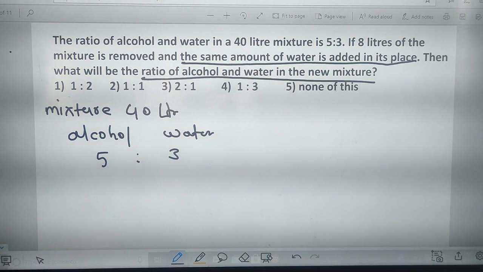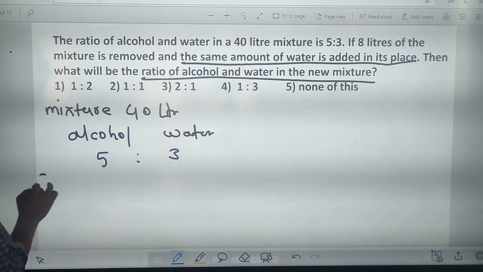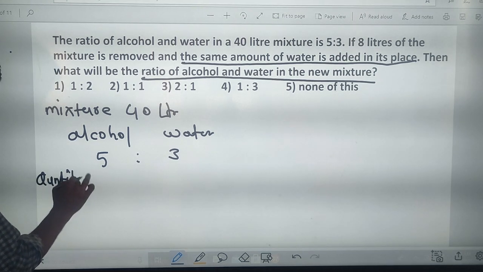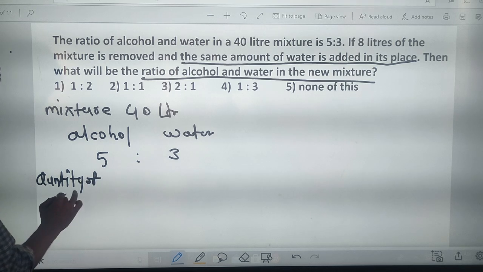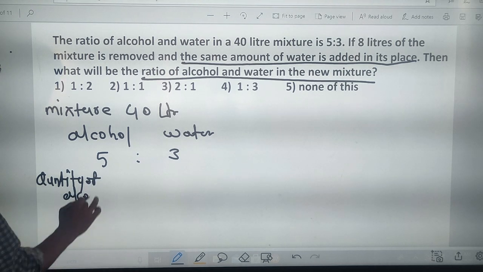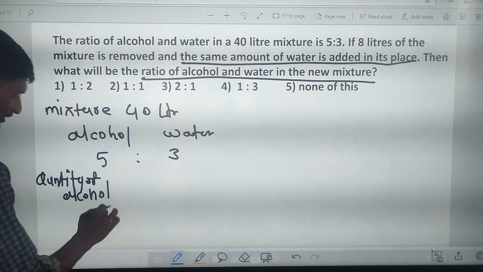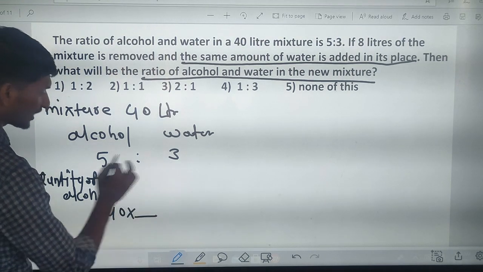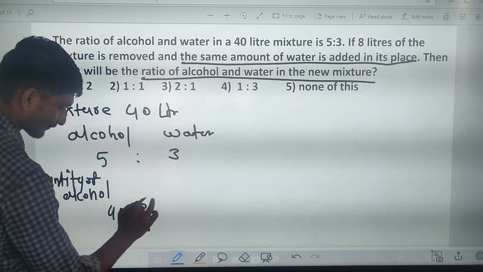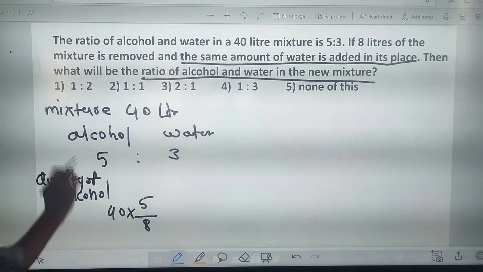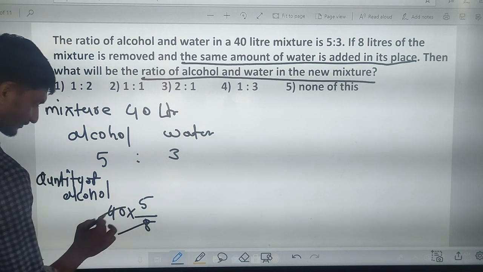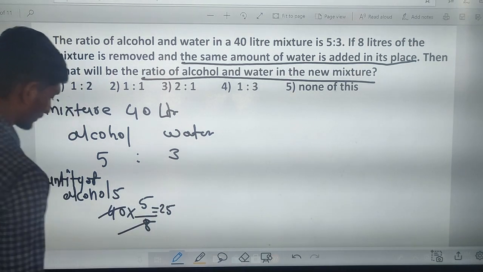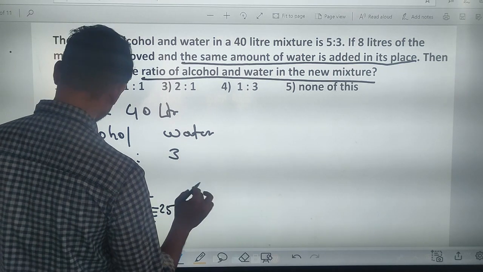Now the quantity of alcohol is 5 by 8 into total 40 liter. Out of 8 parts, 5 parts are alcohol, so it is 25.